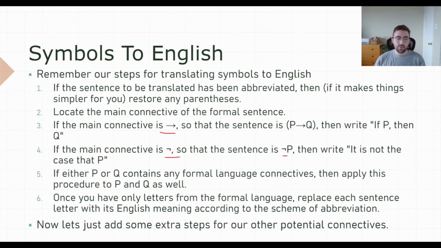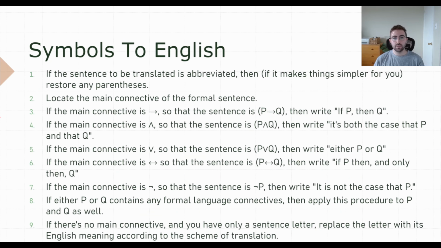So let's just add some extra steps for our other potential connectives. So it's basically the same process. If you want to, you can add back parentheses for anything that's been abbreviated. Then you locate the main connective, and then you translate the main connective.